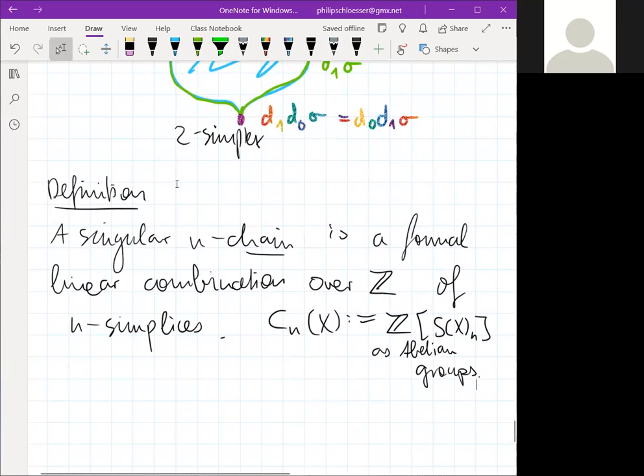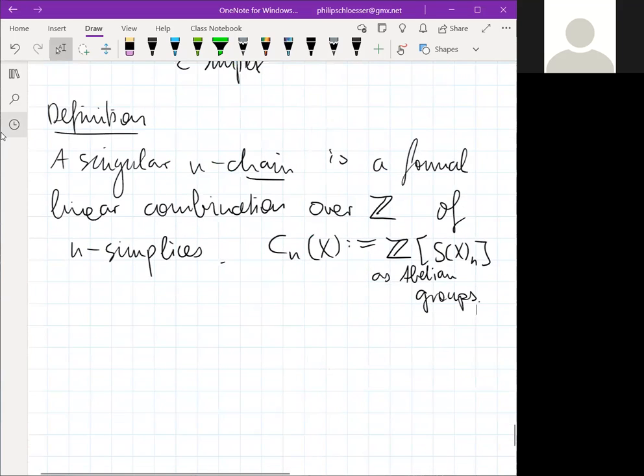And as I've already hinted at, we want to define a boundary operator that assigns to each simplex sort of its boundary, but with the correct signs. So we would like them to preserve orientation.